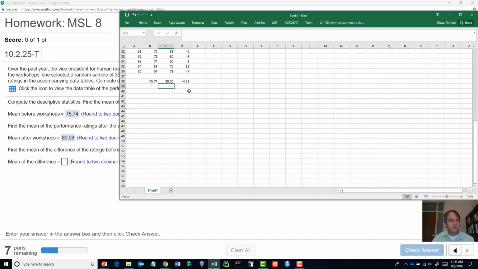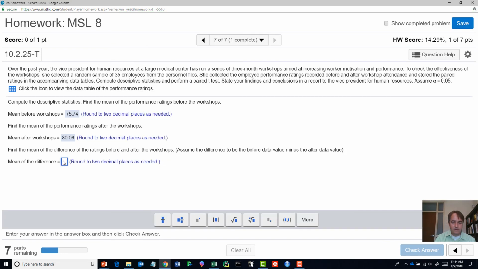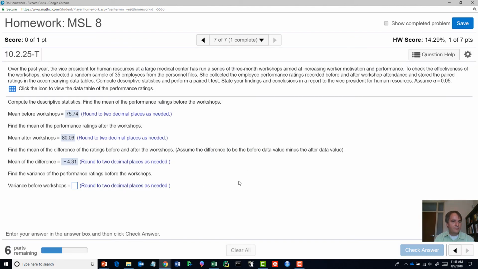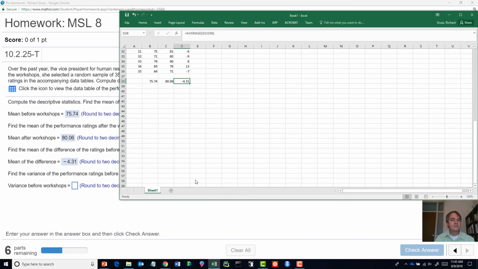So the mean of the difference is negative 4.31.